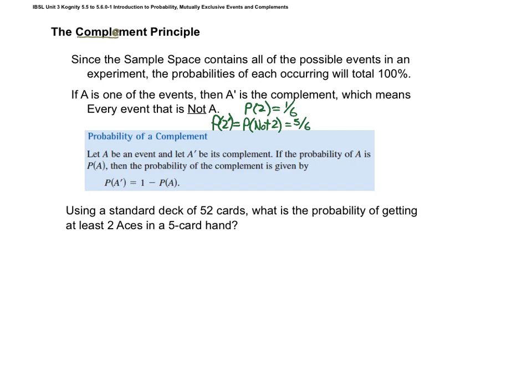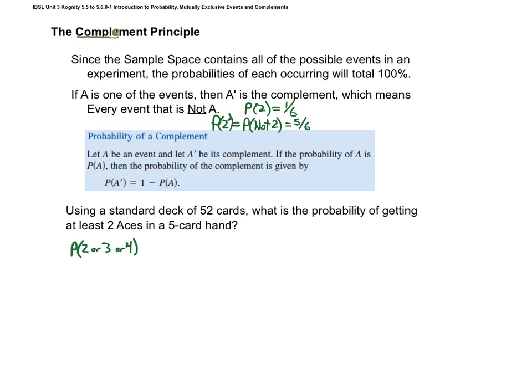So the long way would be, we want the probability of at least 2 aces. That means 2 or 3, or 4, or 5, but what's the probability of getting 5 aces? 0. There aren't 5 aces in the deck. So we'll just look at 2, 3, or 4.